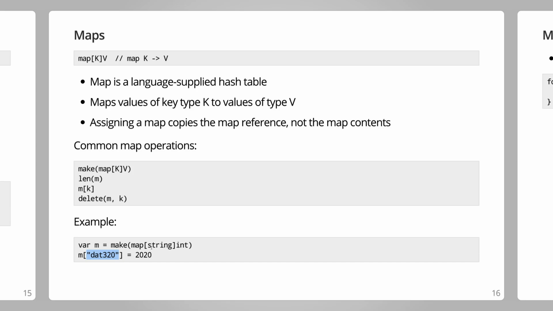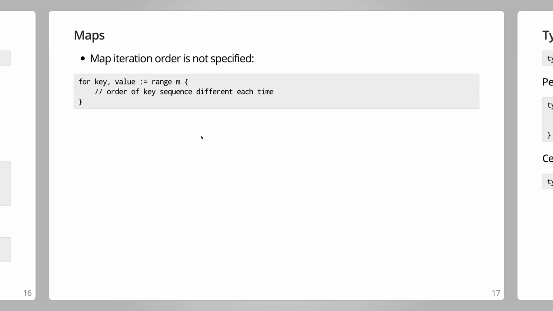So we can do a lookup just by using this. If we have m and pass it this key, we should get back this value if we write a function or just use this in our code. All right, let's move on.